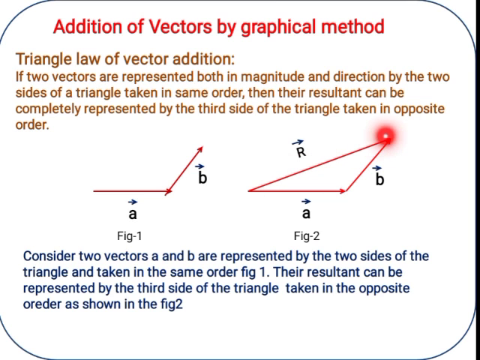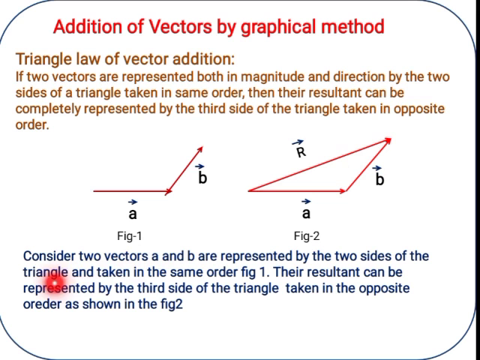This third side, opposite to vector A and B, is called the resultant vector, denoted by capital R. When we join all these three points, is it not a triangle? So for that reason we call it the triangle law of vector addition.